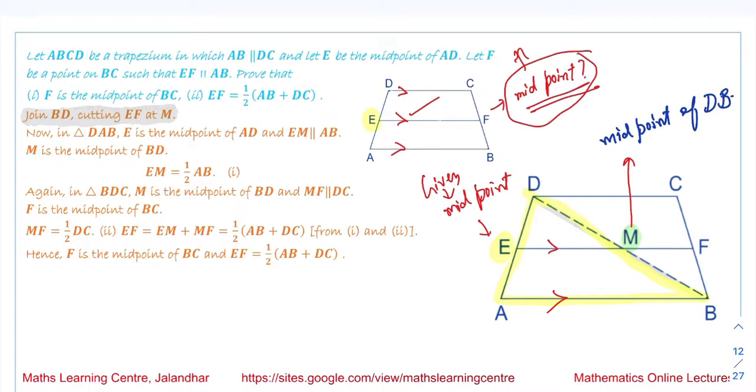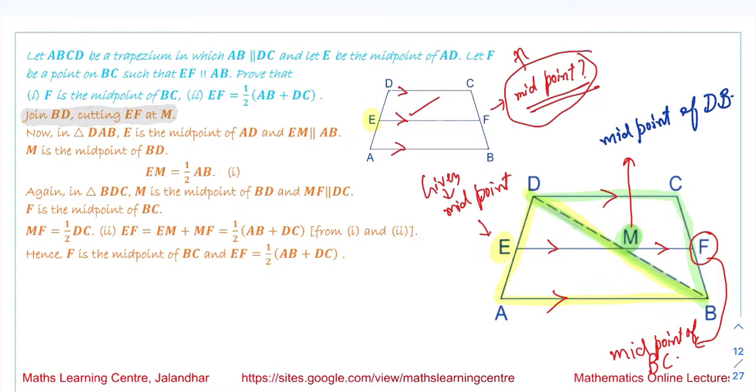Now consider the triangle DCB. M is the midpoint, which we have already proved. Next, the lines MF and DC are parallel. Again using the midpoint theorem, we get F is the midpoint of BC, and this is what we have to prove in our first part.